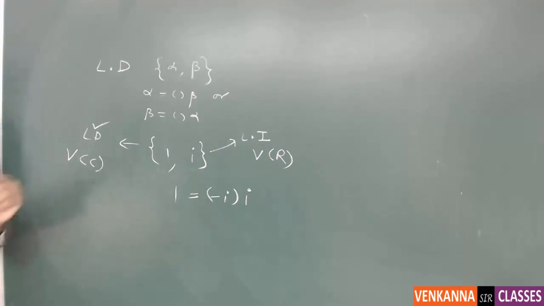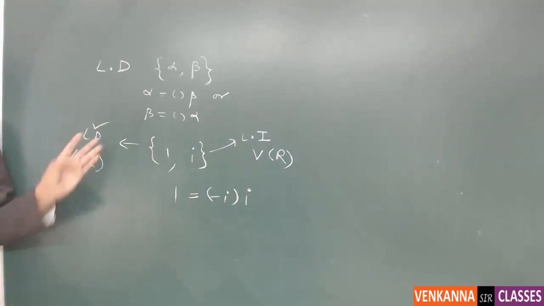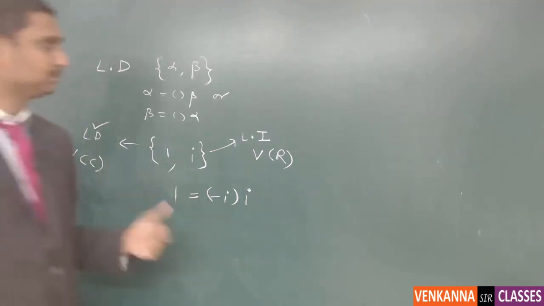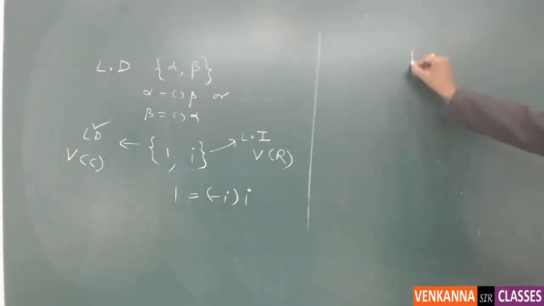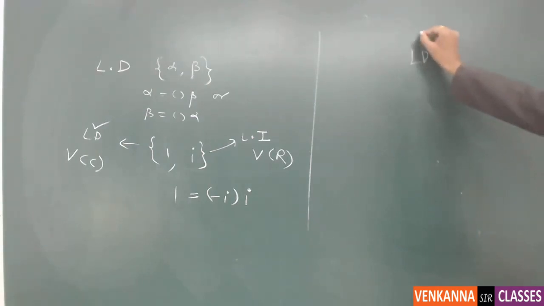Right. Now, after this, let us take one or two small problems on linear dependence and independence. Before that, I just want to give some results which are useful while proving a good number of problems. Suppose I have an LD set.